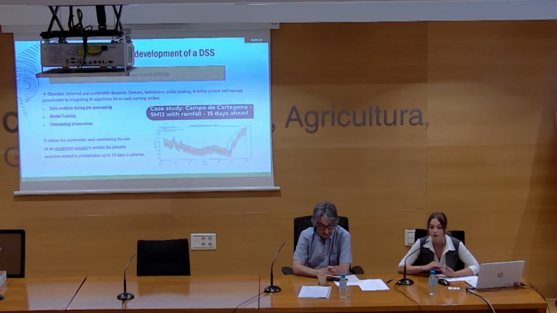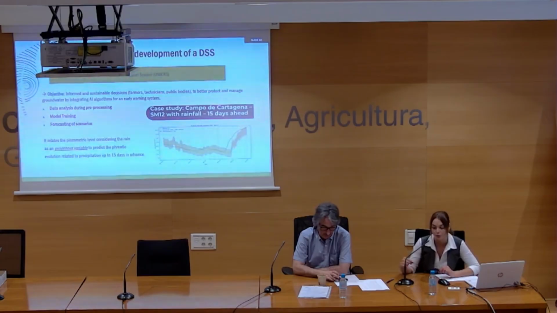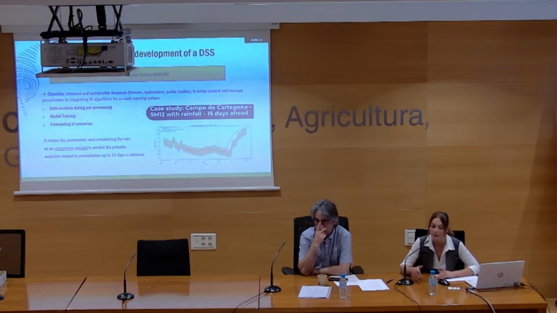Basically, what the team of Cassino is doing is analyzing historical data on groundwater fluctuation, and using this in the pre-processing phase of the model. Then they use this data to train the model, and they try to make different forecasts of scenarios of how this groundwater would change.